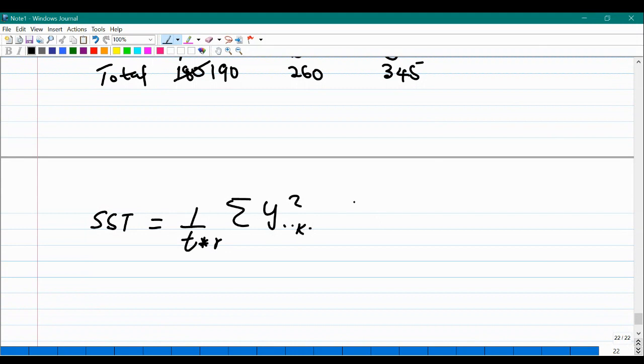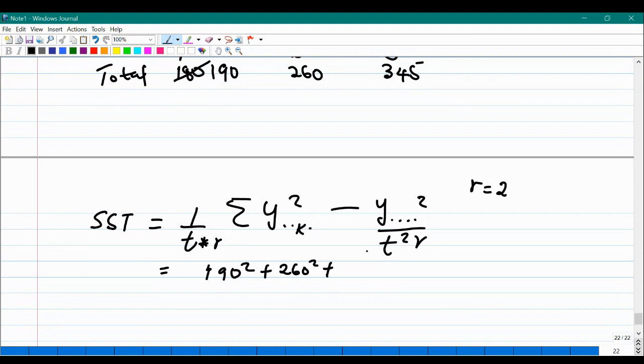Because the other ones go with Y dot, because this one we don't have the interaction. That is the formula, guys. So let's find the first one. What is your R? Your R is 2. The treatment totals are there: 190, 260, 345. So you will say 190 squared plus 260 squared plus 345 squared.